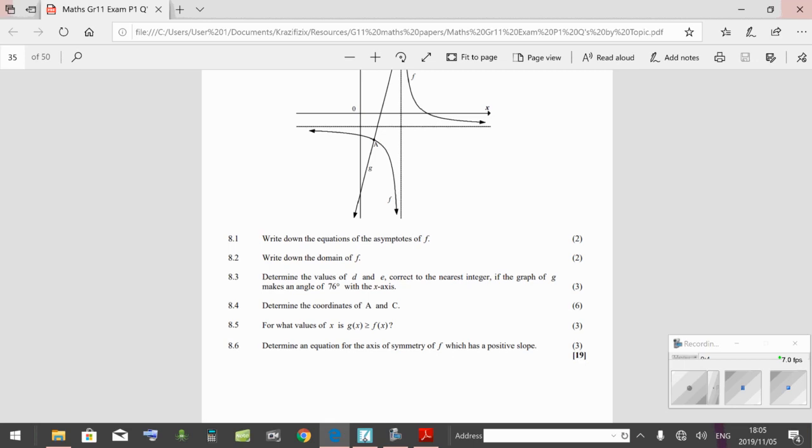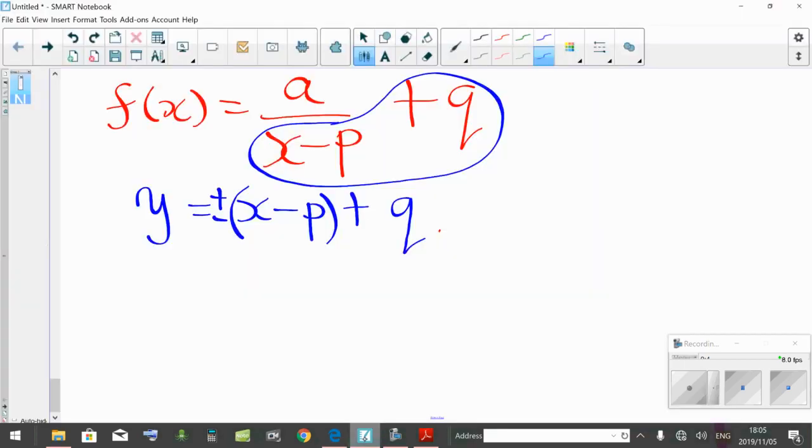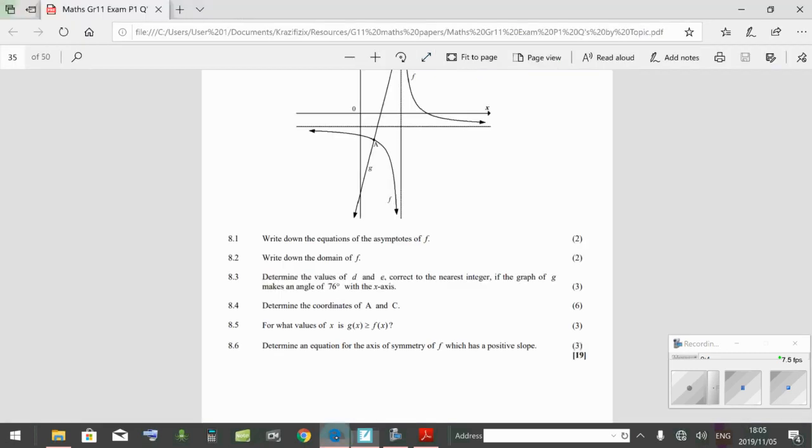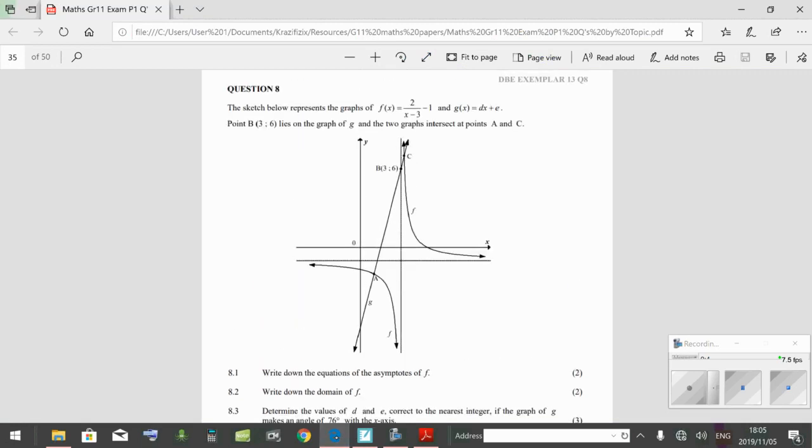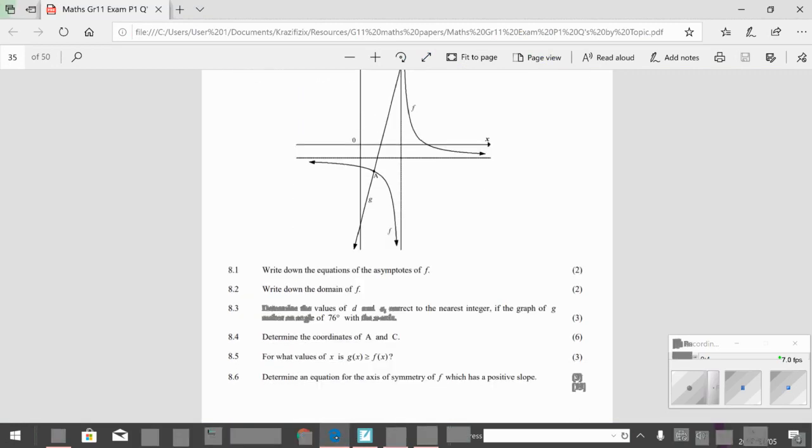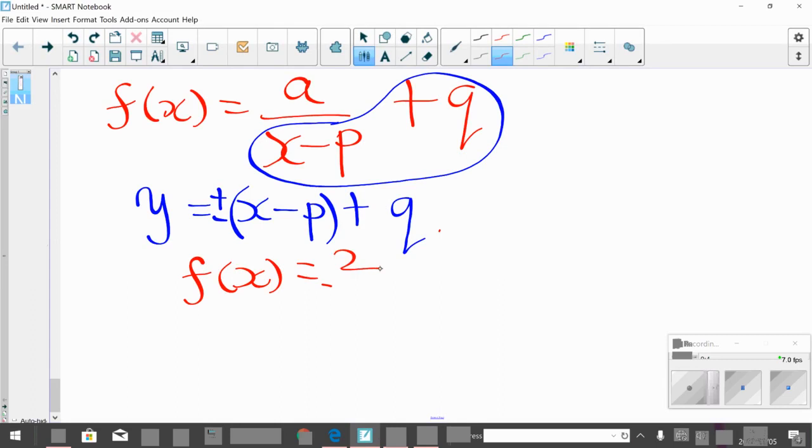Now, how do we go about doing that? Let's make life easy for ourselves. The function that we're given is f of x is equal to 2 over x minus 3 minus 1.